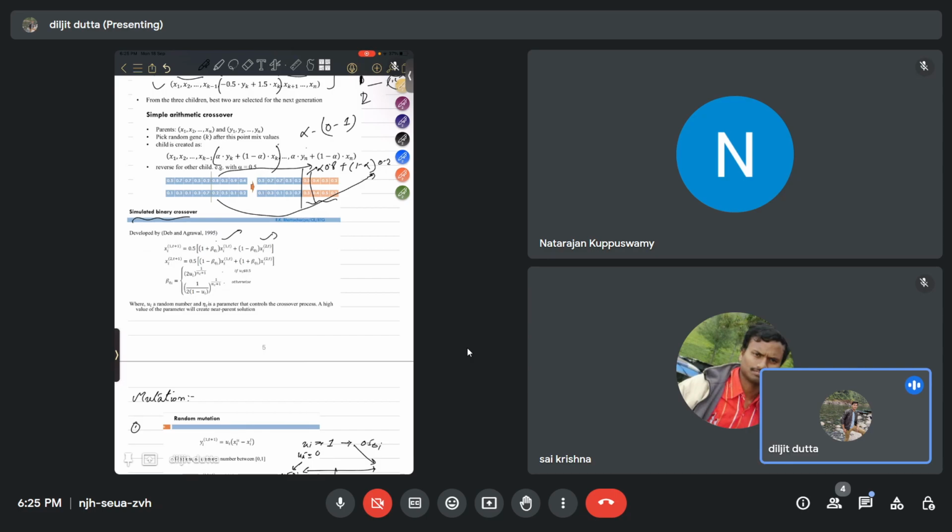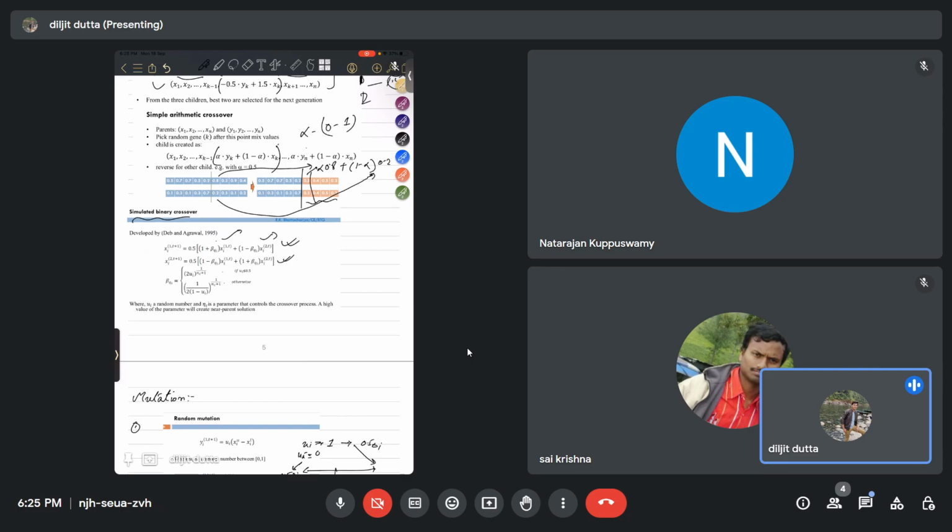Here xi2 is the yi. So here it is denoting the variables by xi1 and xi2. We can also denote it by xi and yi. So it will be 0.5 times 1 plus beta into xi plus 1 minus beta into yi. And similarly for the second part.